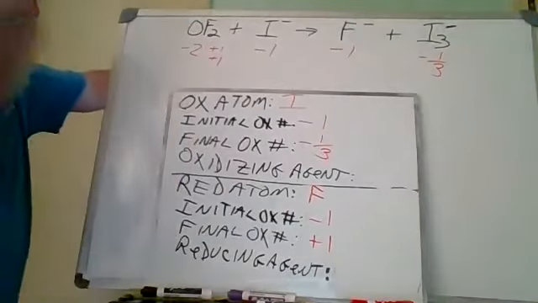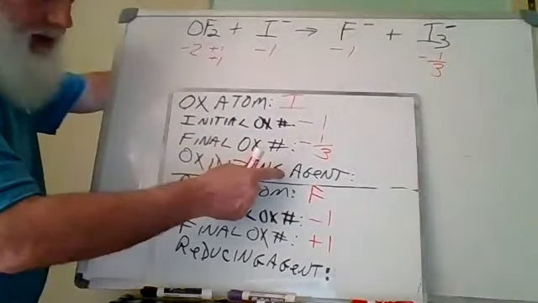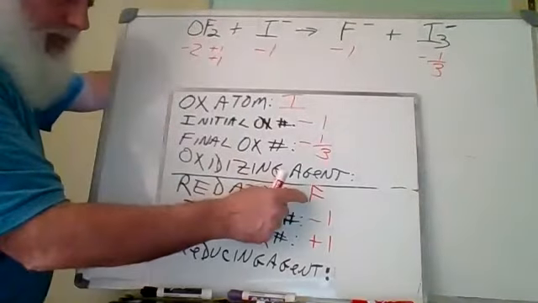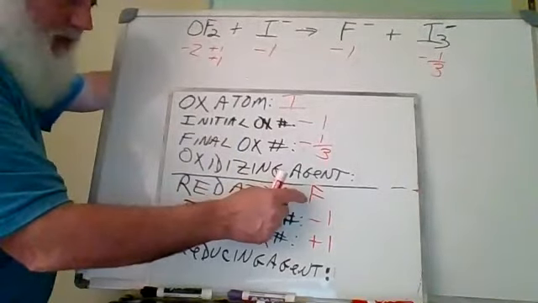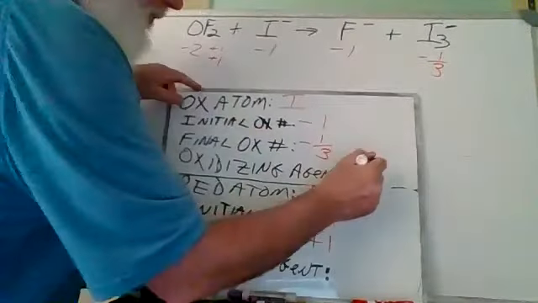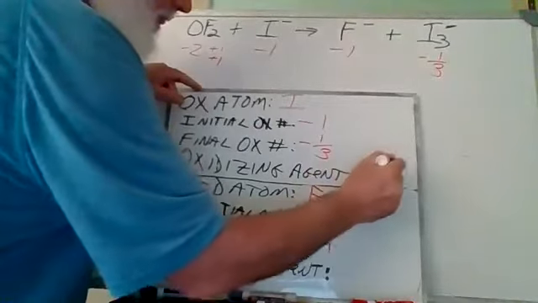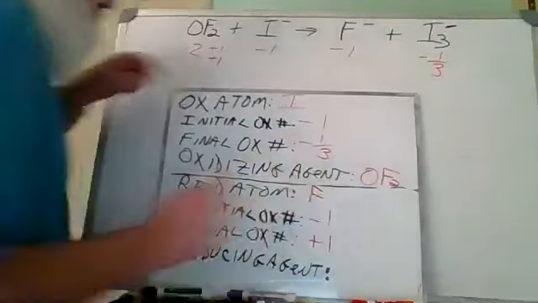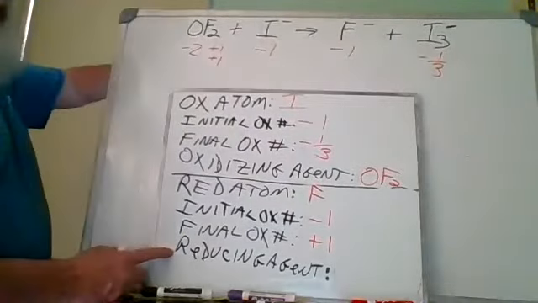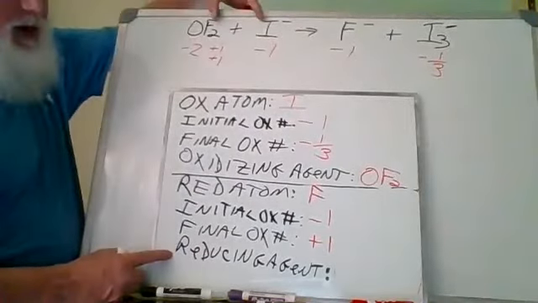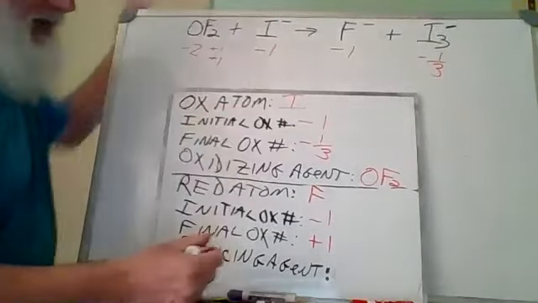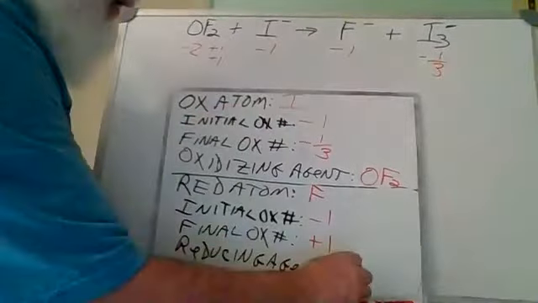So let's look for the oxidizing agent. The oxidizing agent is the chemical on the reactant side that contains the atom that is itself being reduced. So OF2. The reducing agent is the chemical on the reactant side that contains the atom that is itself being oxidized. That's I-, the iodide anion.